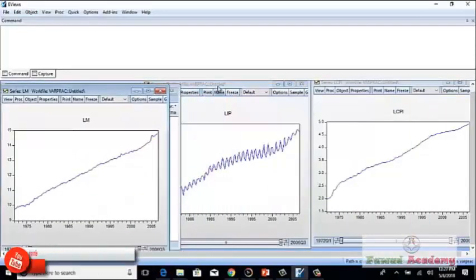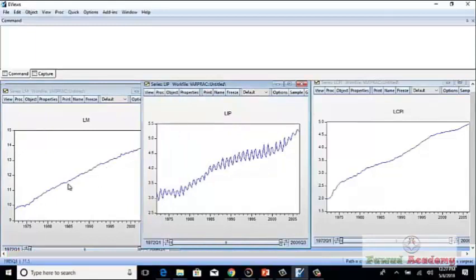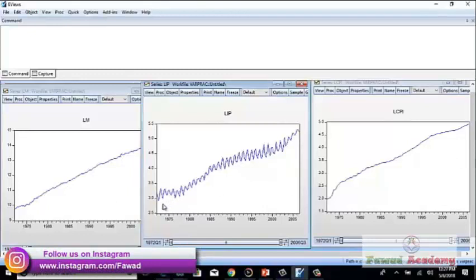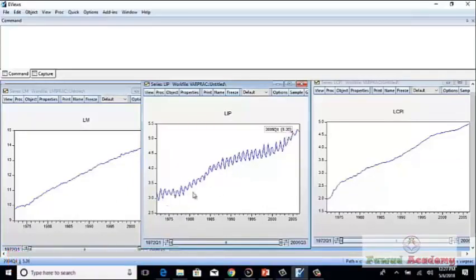Go to View, click Graph. Look at this. Out of all variables, only the industrial production data has a visible seasonality problem.